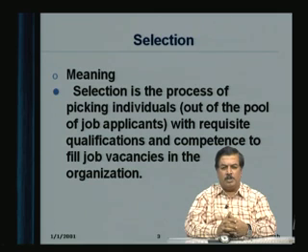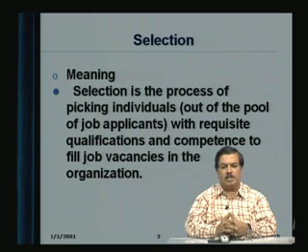The selection process involves picking the right individuals out of the pool of job applicants and making sure their qualification and competence match the job vacancies in the organization. So, we have the job analysis, based on the job analysis we have the job description, and based on the job description we have the job specification.